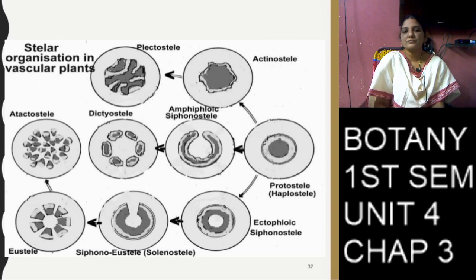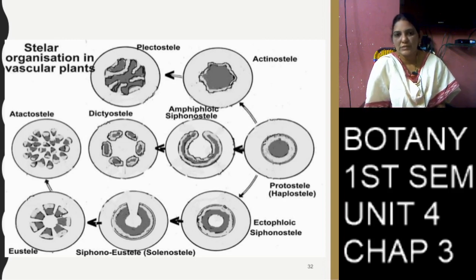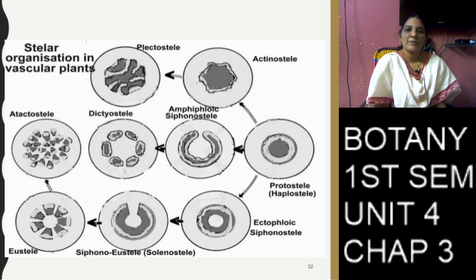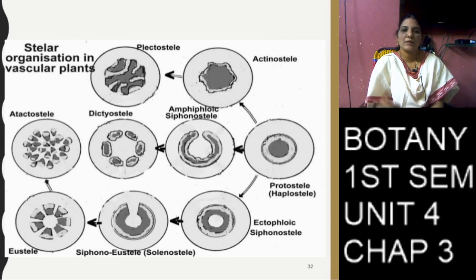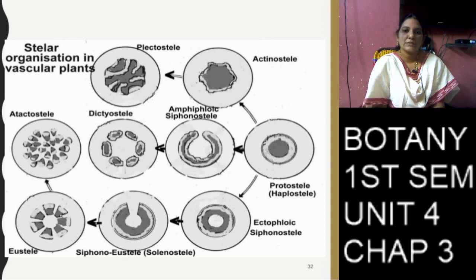Then amphiphloic siphonostele. Amphiphloic siphonostele means the middle part is the medulla, and the xylem is arranged around it, with the phloem, pericycle and endodermis covering both sides of the xylem.